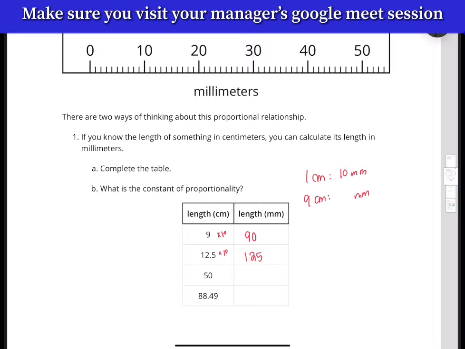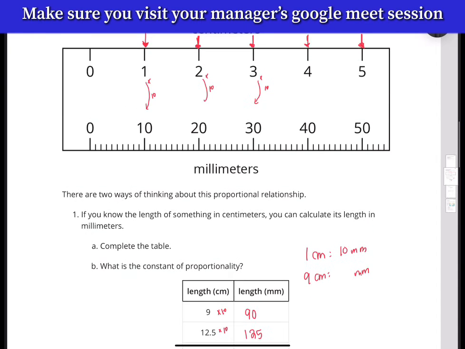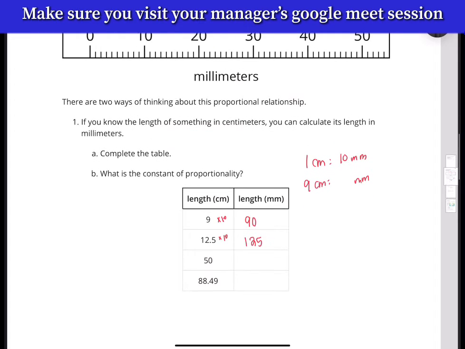So then the next one is saying 50 centimeters, okay? Now, when I see that there are 5 centimeters, there is 50 millimeters. But how many millimeters would I have if I have 50 centimeters? If you guess 500, you are absolutely correct. All right.